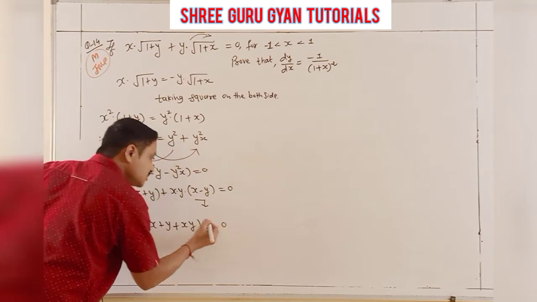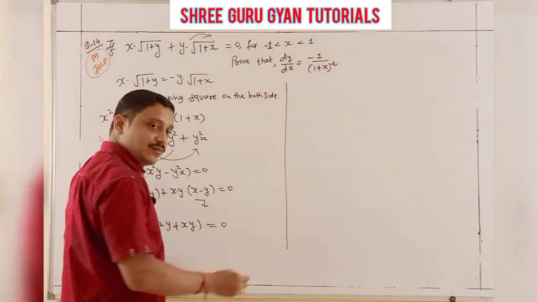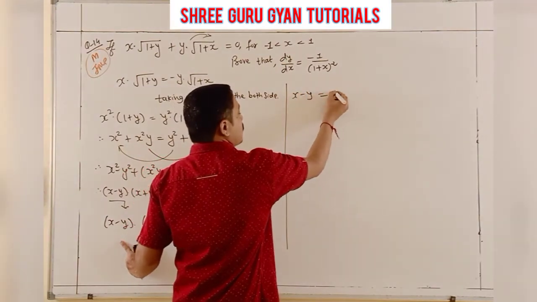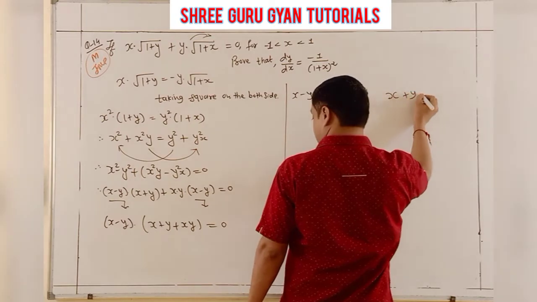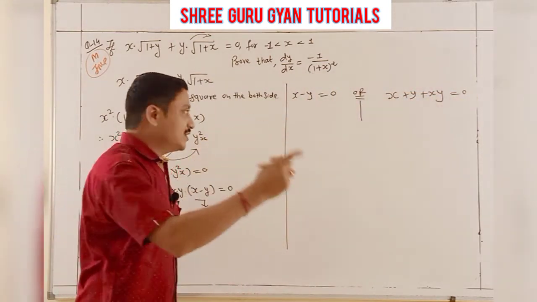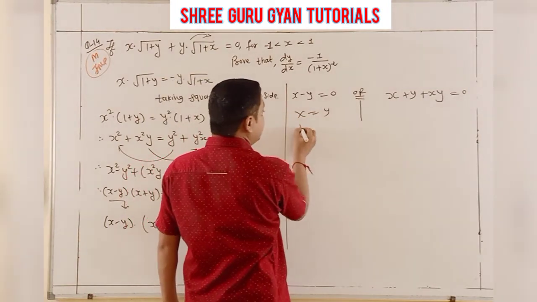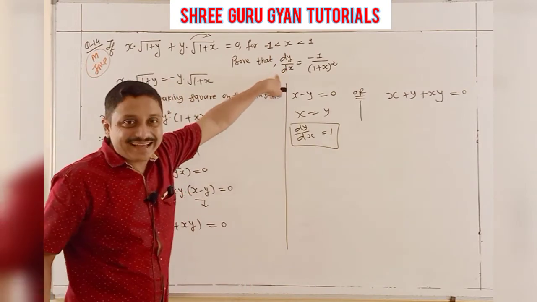And here students, you can create two different values. First value, x minus y equals 0, or another value, x plus y plus xy equals 0. Yes students, here x is equal to y. For the derivative, this answer you cannot prove that.